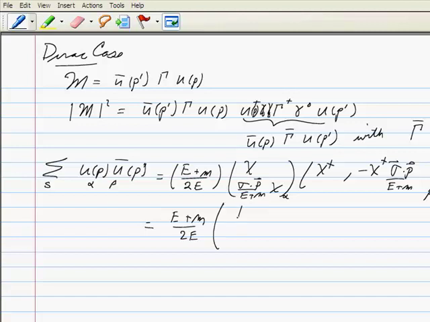The upper becomes 1. This becomes minus sigma dot p over (e plus m), minus sigma dot p, plus sigma dot p over (e plus m) down there. And this becomes sigma dot p squared over (e plus m) squared.